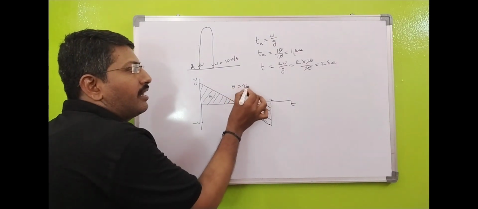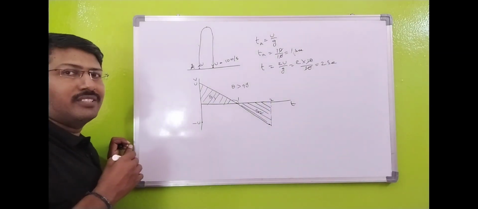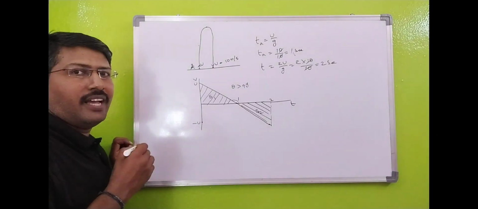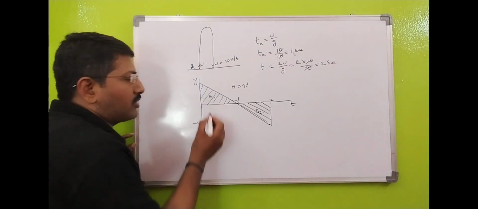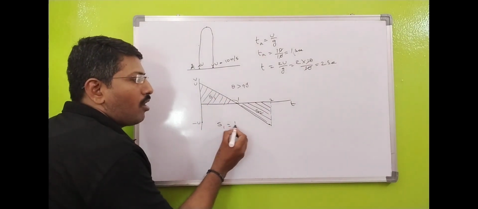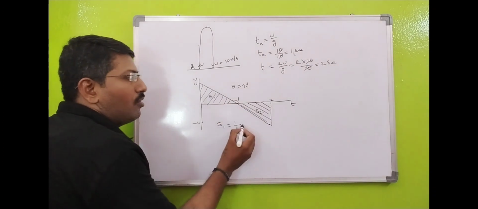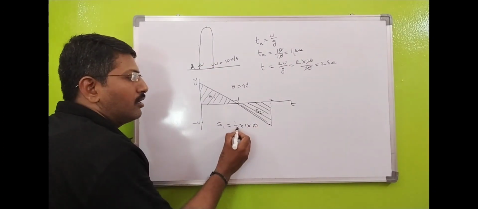Next, this area S1 is equal to half into base into height. The height is given as 10, and the base is 1. So S1 area represents 5 meter.